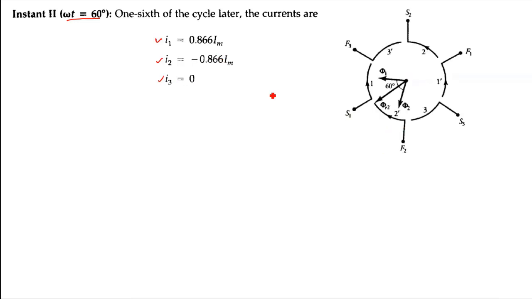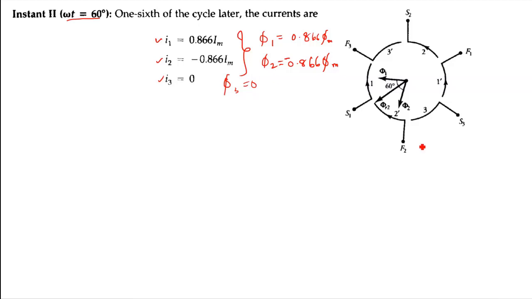now if we plot the respective flux corresponding to I1, I2, I3, because I3 is 0, phi 3 will be 0, phi 1 will be 0.866 phi m, and phi 2 will be 0.866 phi m.